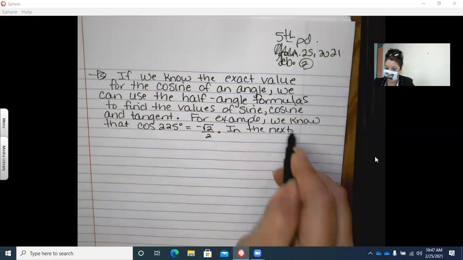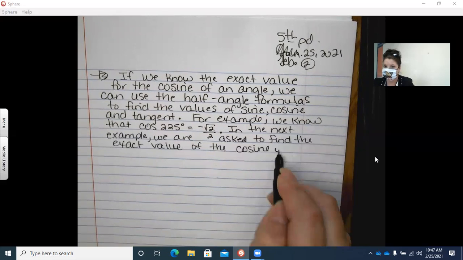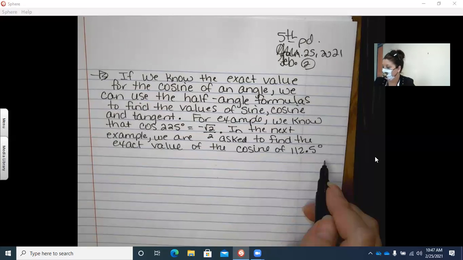To find the exact value of the cosine of 112.5 degrees. Do we know how to find the cosine of 112.5 degrees without using our calculator? No. Guess what? That value is half of 225 degrees.